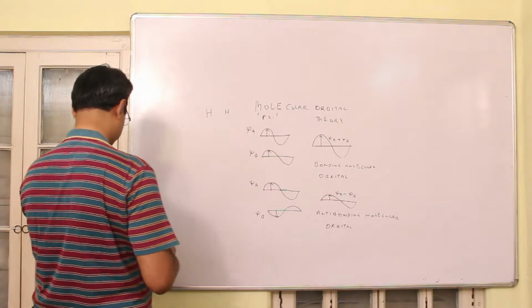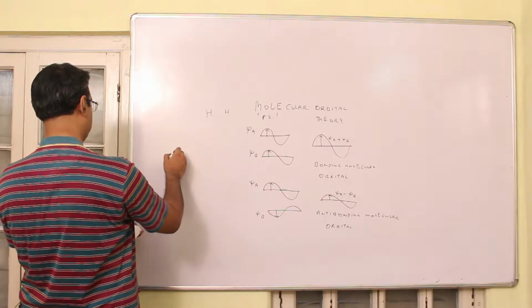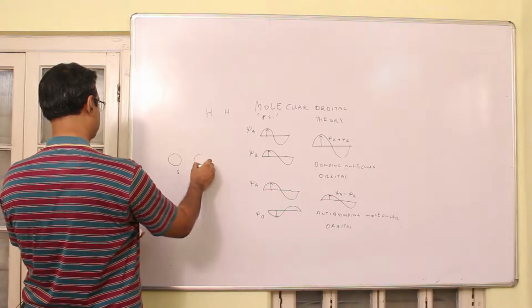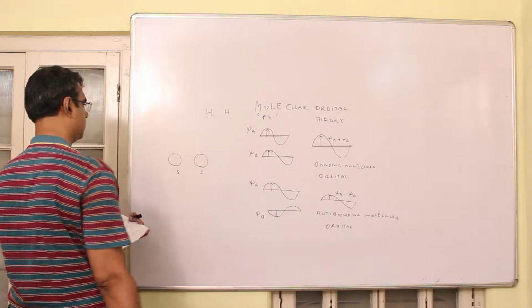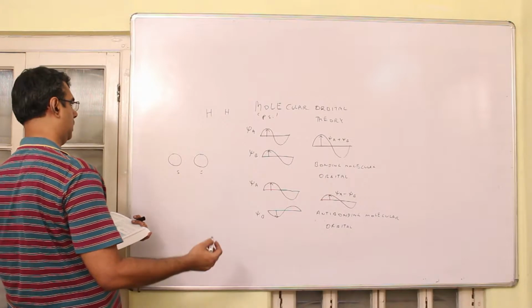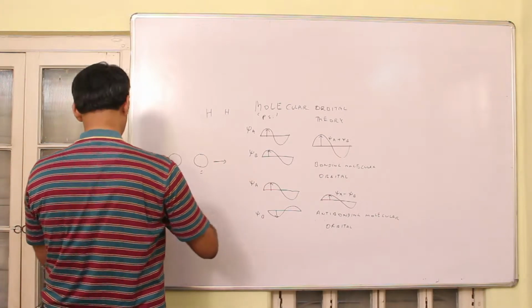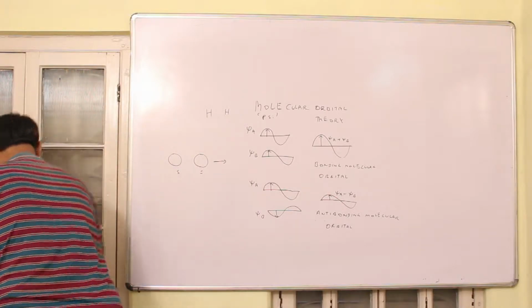Now you are aware that this is how we represent an s orbital. So when the two hydrogen atoms approach each other and their atomic orbitals overlap, the overlap can be represented like this.